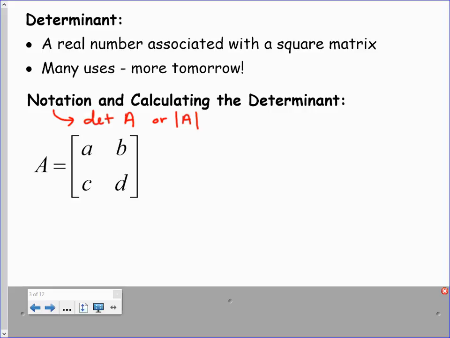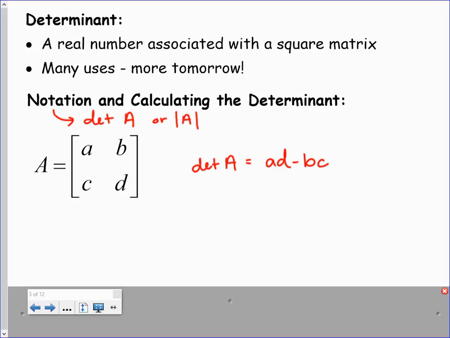Okay, to calculate the determinant of A here, I will take the difference of the products of the diagonals, AD minus BC. Does that seem familiar to you? Yes. We have already seen that little piece when we did inverses.